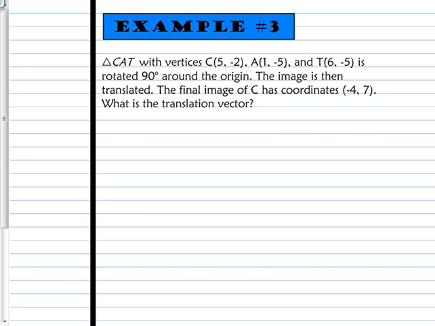Ooh, hard question. I know a lot of you are probably just going to let me talk the whole way and not try, but I want you to try. This is an example of a problem that would be on the EOC, a word problem that you'd have to figure things out.